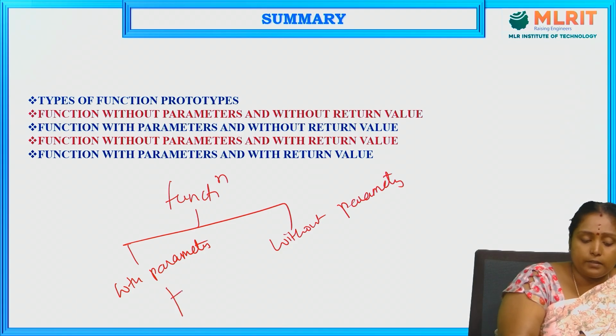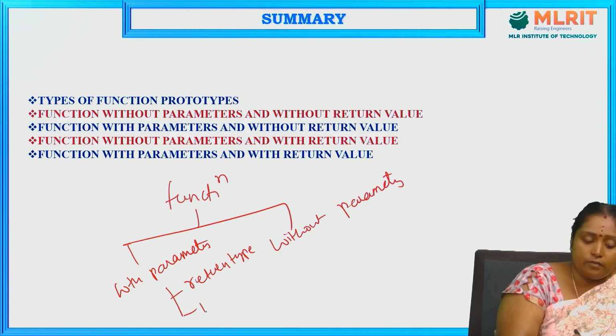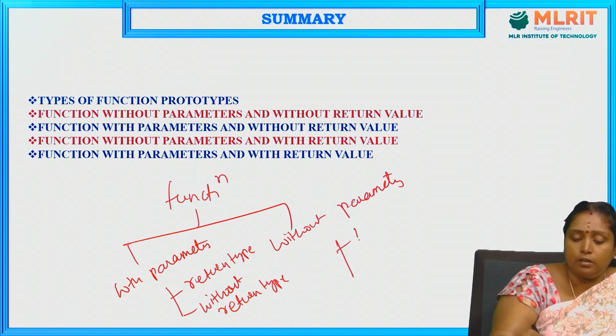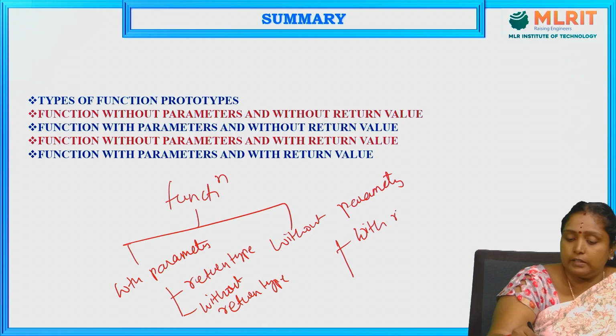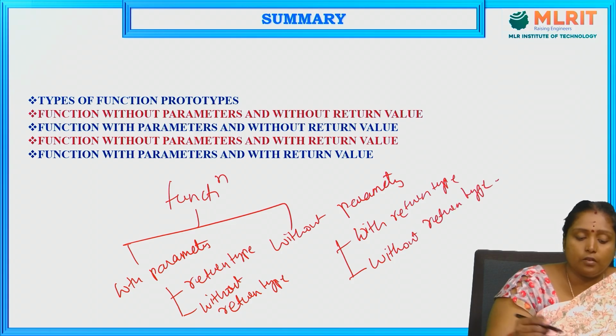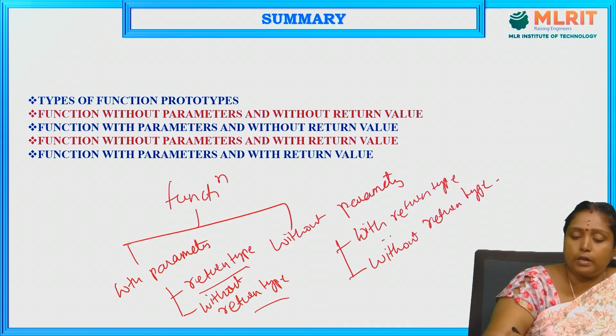With parameters, with return type; with parameters, without return type. Similarly, without parameters also, with return type and without return type. We have seen example programs for all of these.